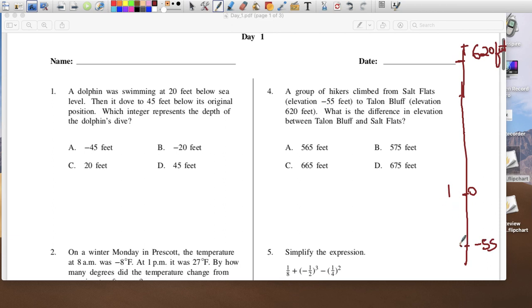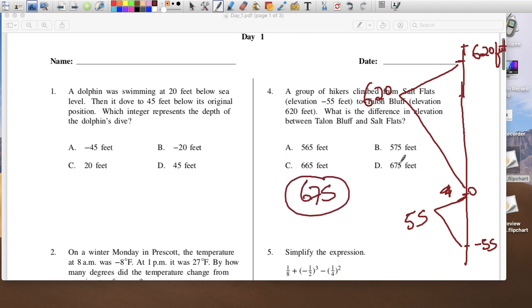If you're here and you go to the ground level at 0, you obviously have to go 55 floors up. And then from 0 to 620, you would have to go another 620 feet, 620 floors. So in this case, it's feet, not floors. So 620 plus 55, you would have to go 675 feet up in that direction, right? So we obviously have D.